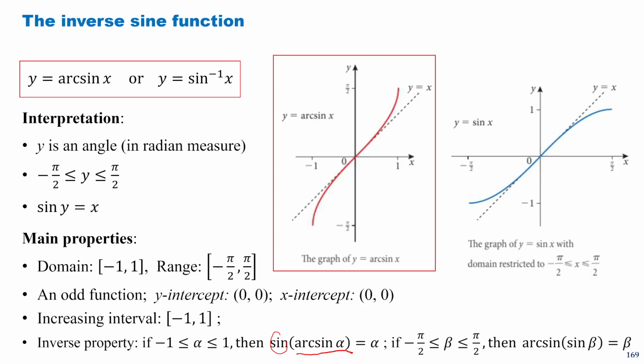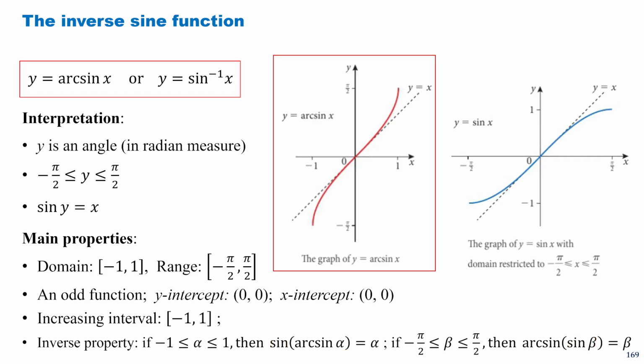And if beta is between negative half pi and positive half pi, then we always have arc sine of sine beta equals beta. Because, again, we know that's actually an angle such that the sine of that angle equals sine beta. When beta is between negative half pi and positive half pi, we can directly know that angle is actually beta itself.